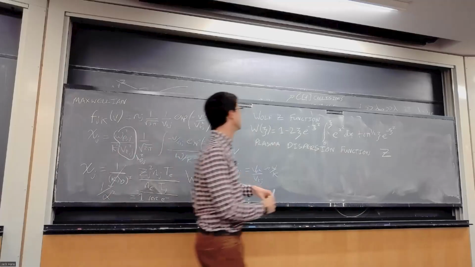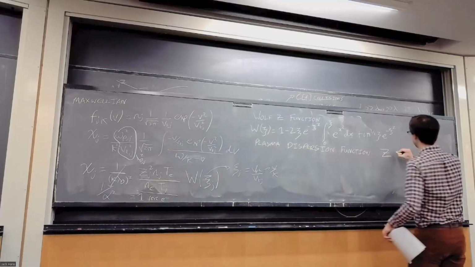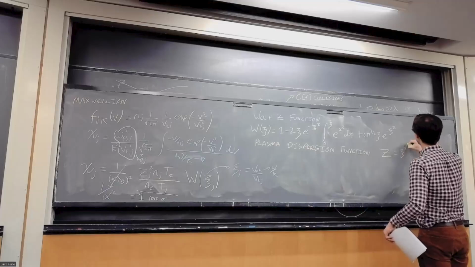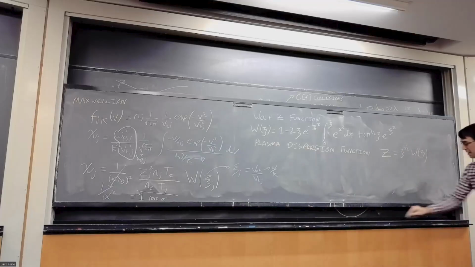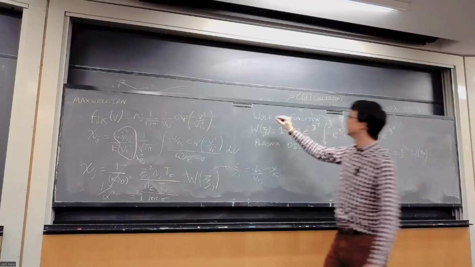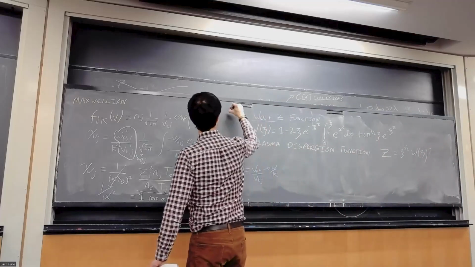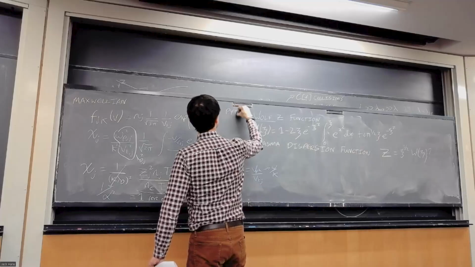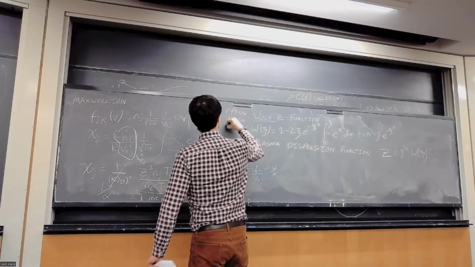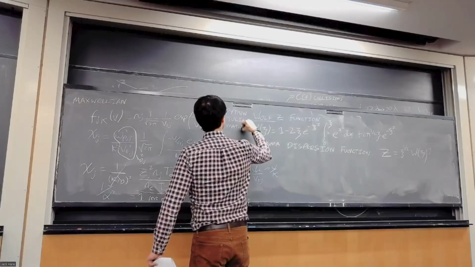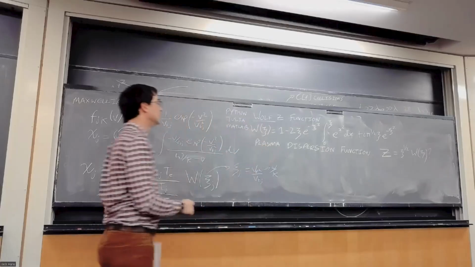I can't remember exactly what it is right now, but Z is equal to squiggle to the half W of squiggle or something like that. I prefer to work with this thing, because this is the thing that you'll find in Python and Julia and MATLAB, because it shows up in other contexts as well.